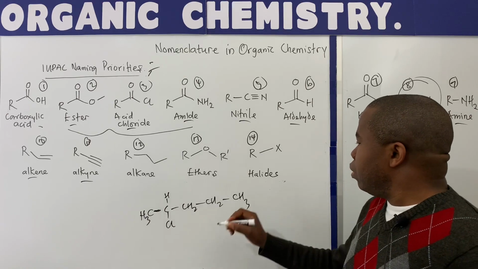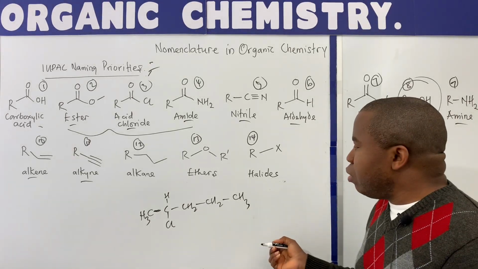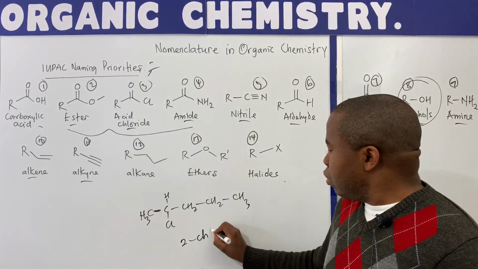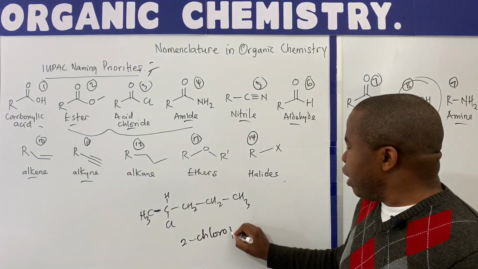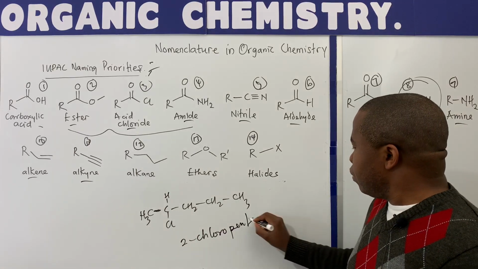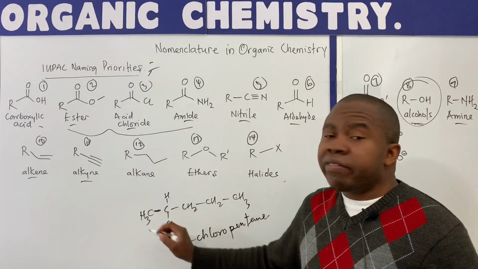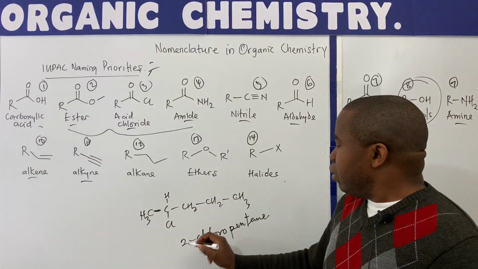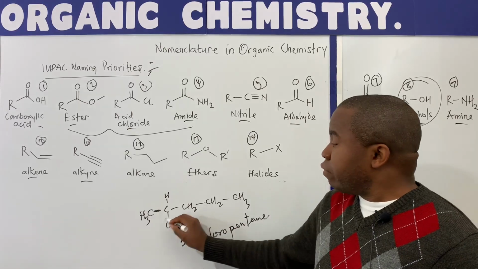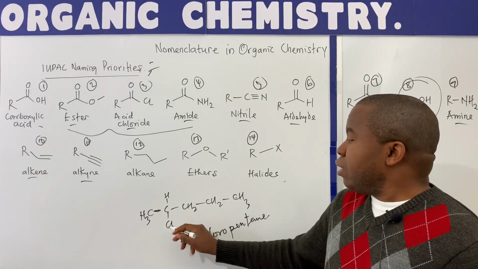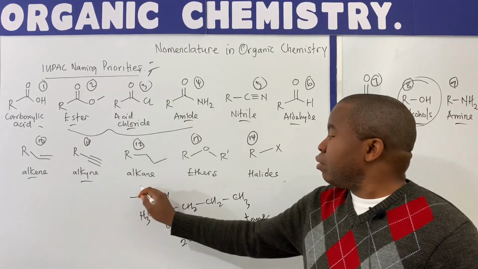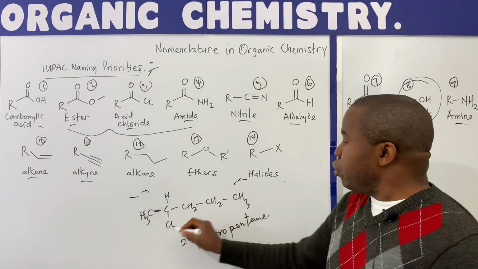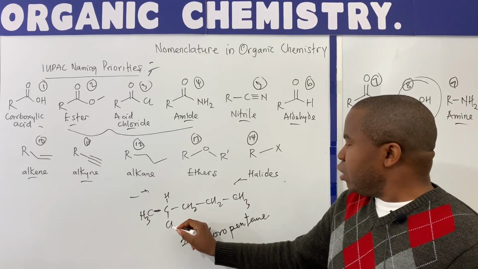So this is a very simple molecule, and if I just look at it, I can tell that this is 2-chloropentane, because it's 1, 2, 3, 4, 5 carbon atoms. That is the longest carbon-to-carbon chain, and you have a chloro group as a substituent. If you count the carbon chain from here, it's going to put the chloro group on the 4th carbon.